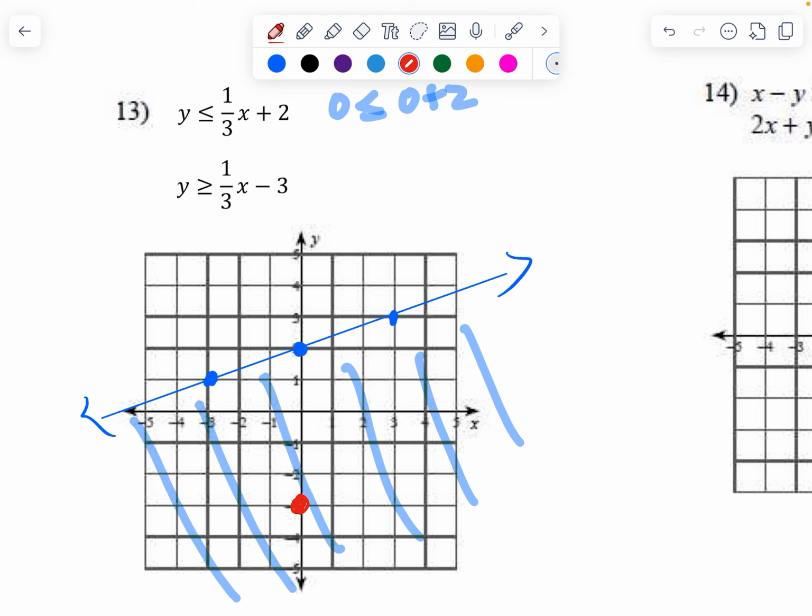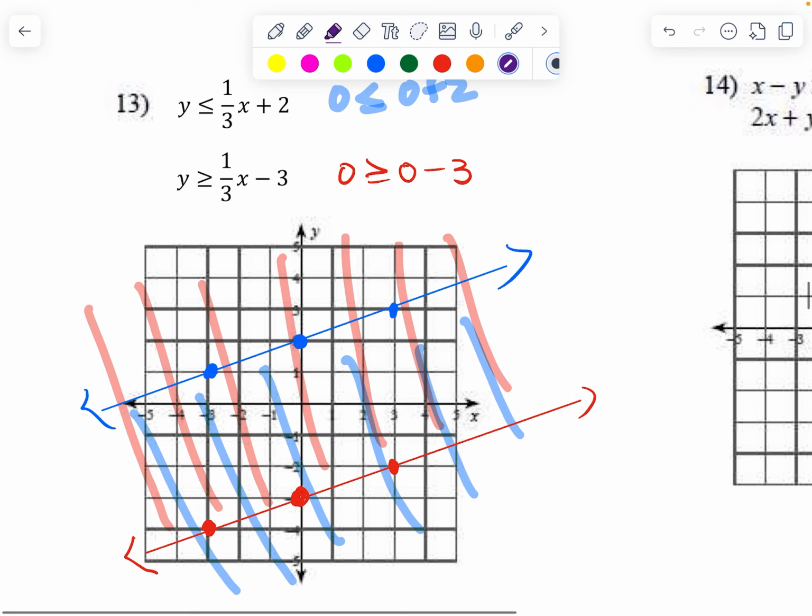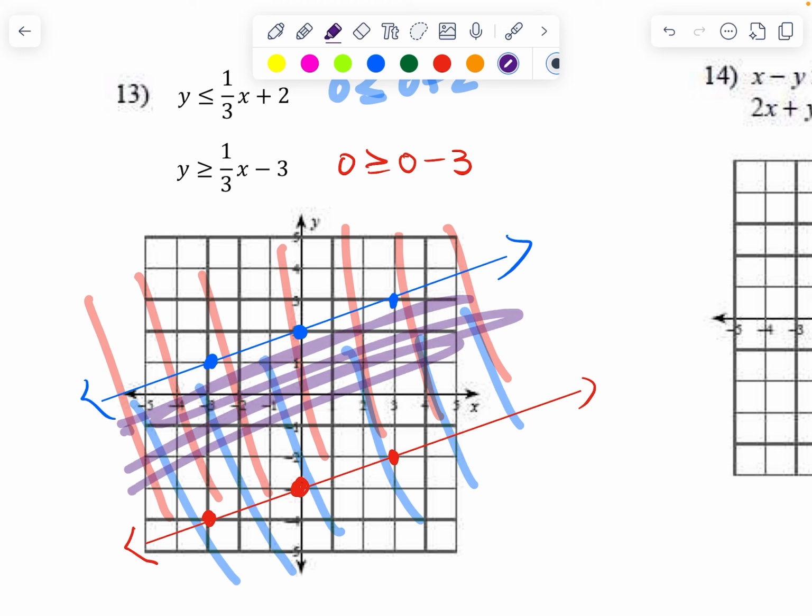I go up 1/3, down 1/3. That is greater than. If you plug in 0, 0, 0 is greater than or equal to 0 minus 3. That is true, so that is this up here. And the solution set is all the stuff in between the two lines.